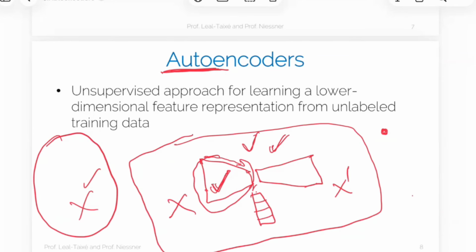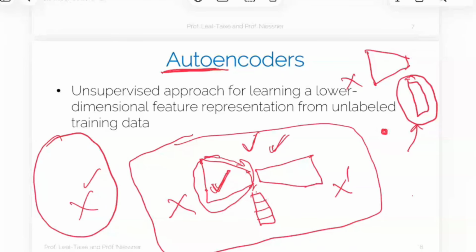Whoever is going to send the message has the encoder, gives the message x to the encoder, and the encoder gives the representation from that. This is then sent to the receiver side. If any person in between sees this, they will not be able to interpret it because it's not in the actual form. It's in a transformed, encrypted form. And now this is received on the receiver side.